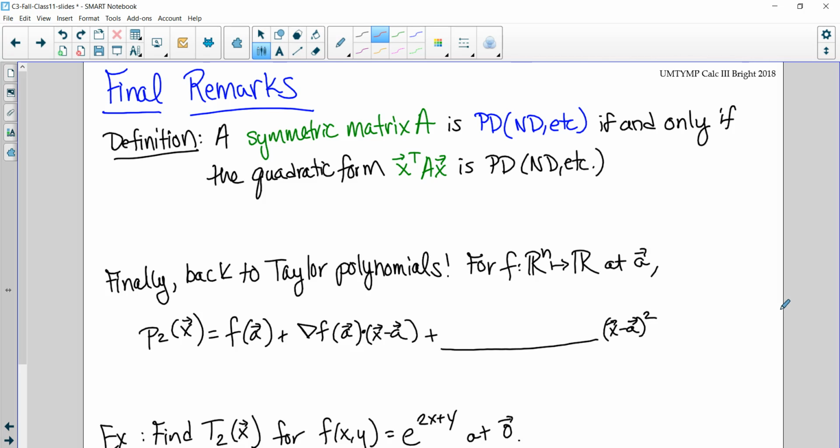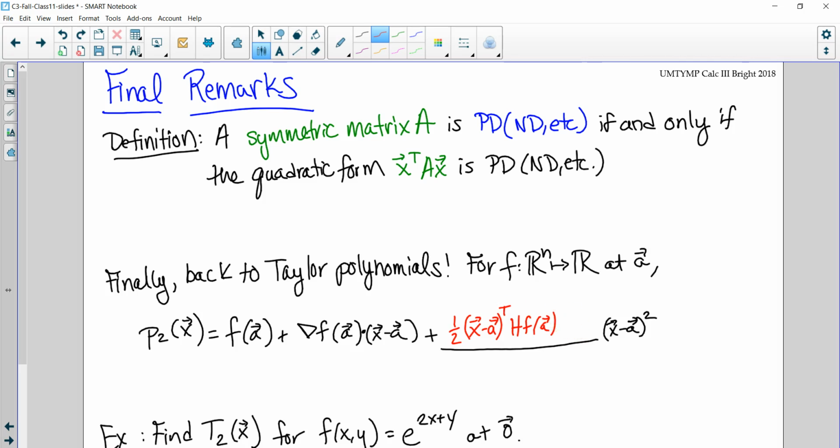So when we're talking about the Taylor polynomial of degree 2, we were kind of confused about what would go here. We know that there's a factor of 1/2 out here, but then beyond that, what we're actually going to see is that we have vector x minus vector a, and then the Hessian of f at a, and then I needed the transpose.